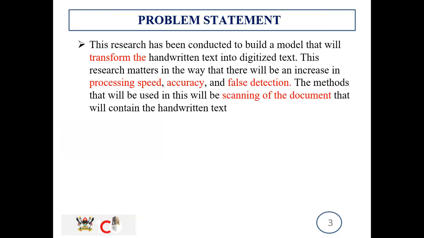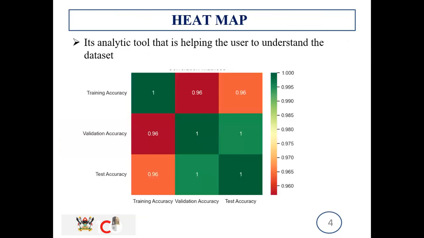So this is the problem statement, which is to transform handwritten text into digitized text, which will increase the processing speed, accuracy, and reduce false detection, and this will be done by scanning of the document.